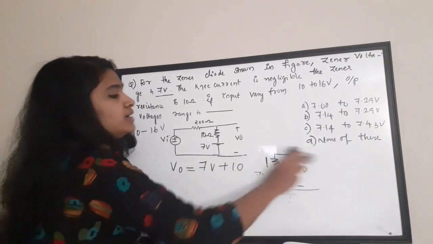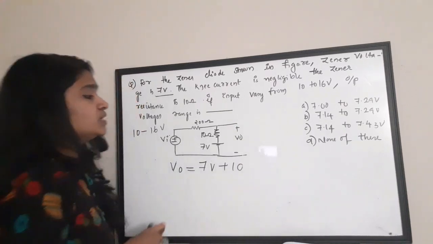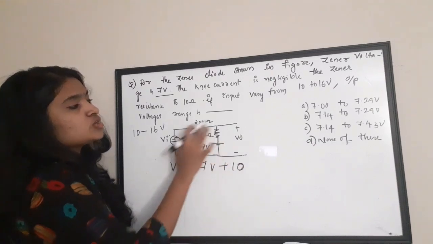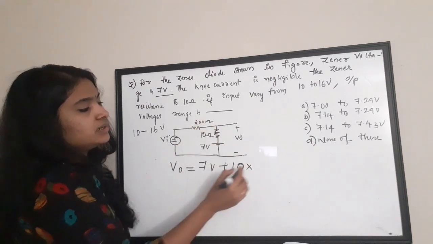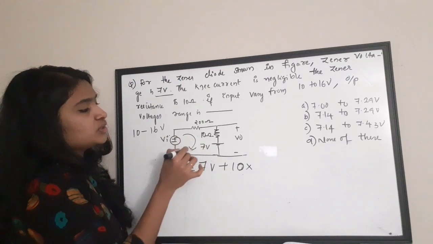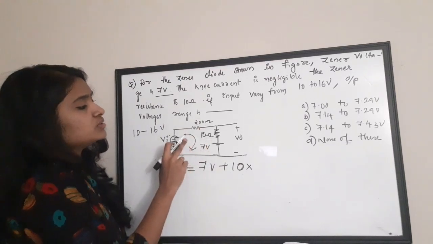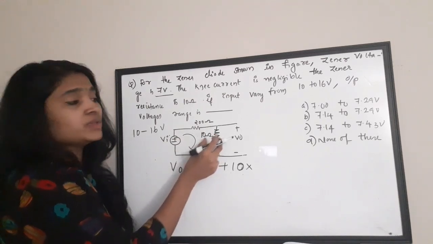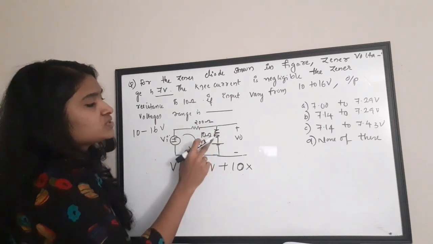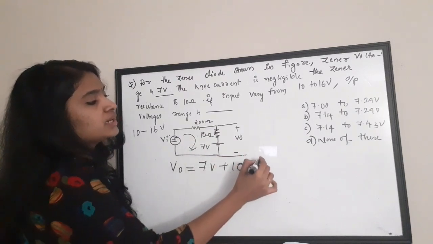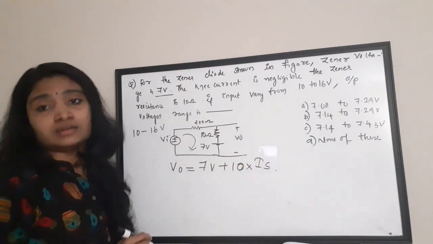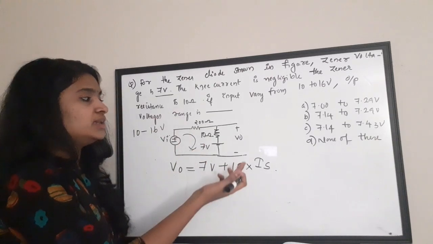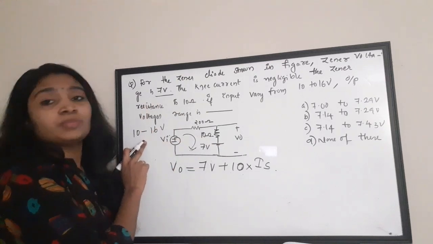So, we can write V out's equation as V out equal to 7 volt plus 10 ohm times the current. The voltage drop across this 10 ohm will be equal to 10 into the current in this circuit. Whatever current is passing through this circuit will also flow through this 10 ohm, so the voltage drop across 10 ohm is equal to 10 into the current IS. Now, this current in the circuit can vary according to the voltage applied.